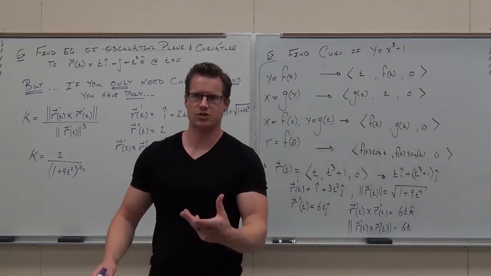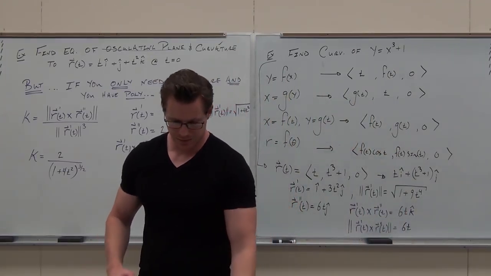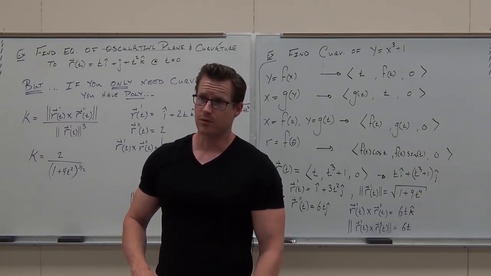Square it, add it, square root it. You're just going to get 36t squared under square root. Head nod if you're okay with that one.